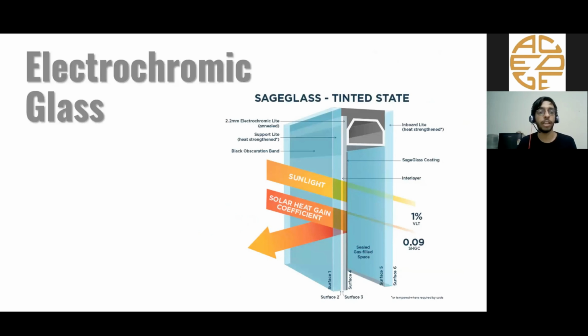Now we have different kinds of electrochromic glasses also, like SageGlass, which I think is by Saint-Gobain only. There, depending on the sensors, which take the radiation values of the sun, the sensors tell different electrons to go through these surfaces, and the transmittance value of your glass changes. So these are very expensive. I don't think there are any projects in India. There might be, I don't know that.